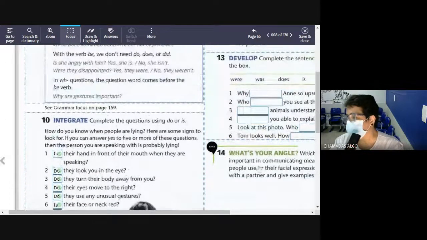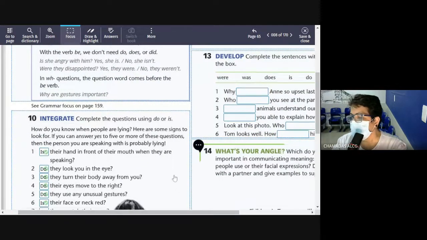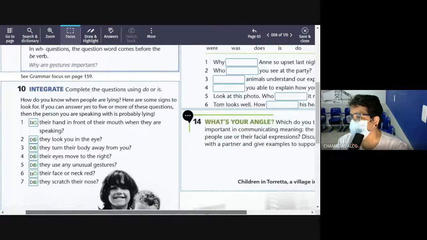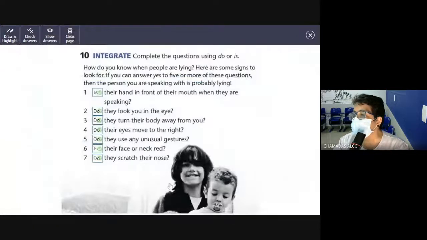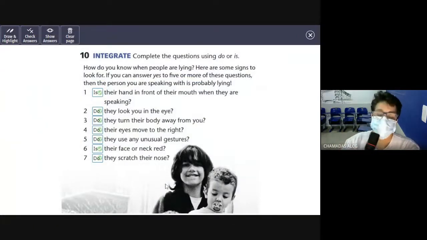Okay, so that's very bad. So it's a good idea, guys, to take a picture of the exercises, so when the book arrives, you already have the answers to the exercises. Okay?